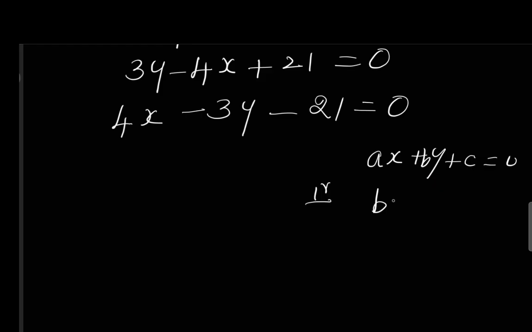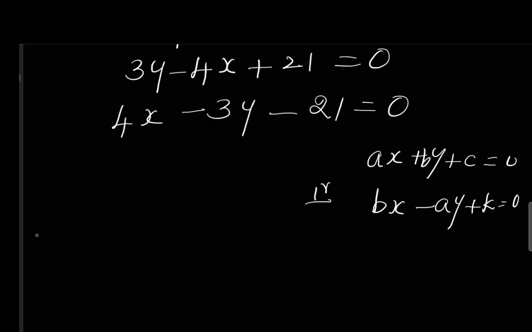The y coefficient becomes the x coefficient just as it is, but the x coefficient becomes the negative of it. Constants also will vary. Same way here, I write 4x minus 3y minus 21 equal to 0.